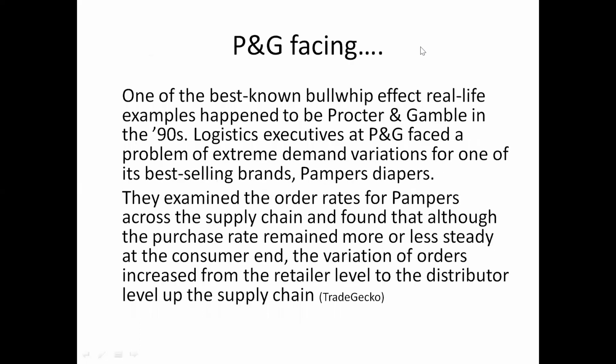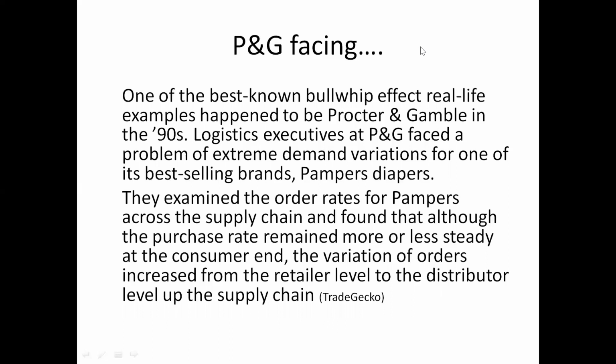Then P&G worked on this, and they found that the same pattern was taking place regarding the demand for their very popular brand called Pampers. They examined the order rates for Pampers across the supply chain and found that although the purchase rate remained more or less steady at the customer's end, the variation of orders increased from the customer to the retailer.